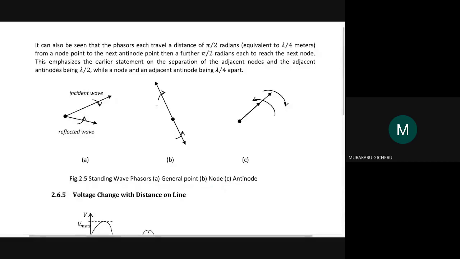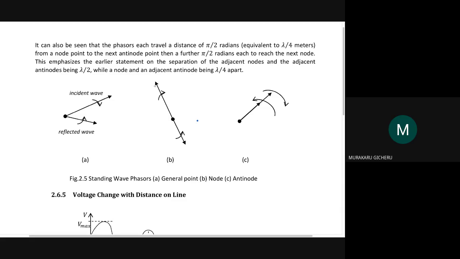If you imagine this whole distance going around like this would be lambda, one wavelength.